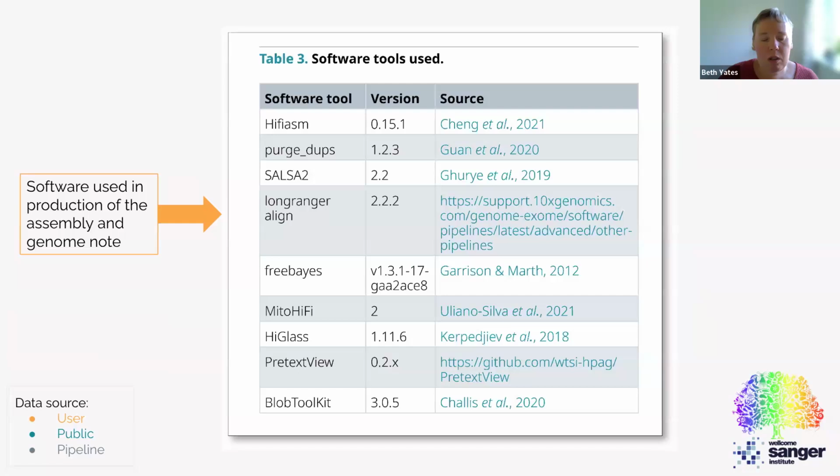We also think it's important to report all of the software tools and the versions that we used within both the assembly and the analyses afterwards that get used for the assembly metrics, so that everything we do is reproducible. So we report all of the software tools that are used.